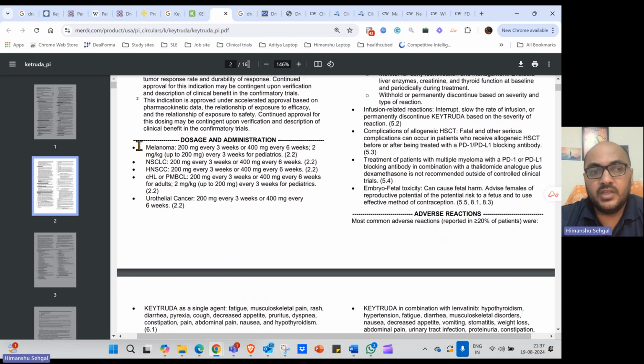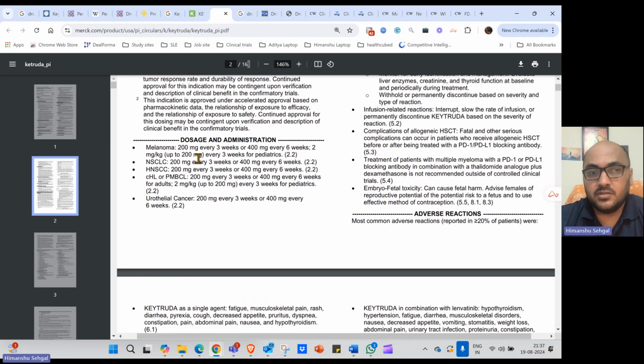Then they will talk about the dosage and administration. So obviously administration is IV, but the dosage for melanoma is 200 mg every 3 weeks, so Q3W, or 400 mg Q6W, or 2 mg per kg up to 200 mg.